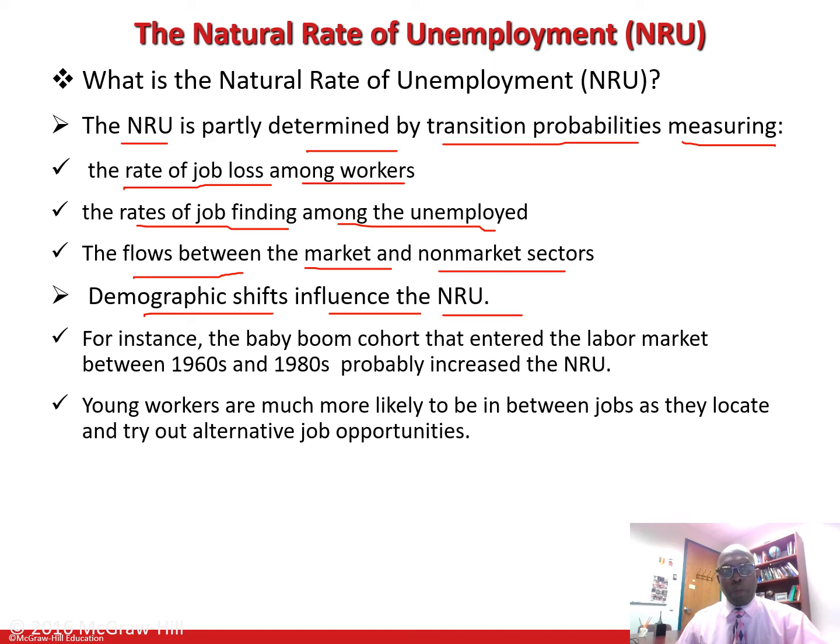For instance, the baby boom cohort that entered the labor market between the 1960s and 1980s probably increased the NRU. Younger workers, for instance, are much more likely to be in between jobs as they locate and try out alternative job opportunities.